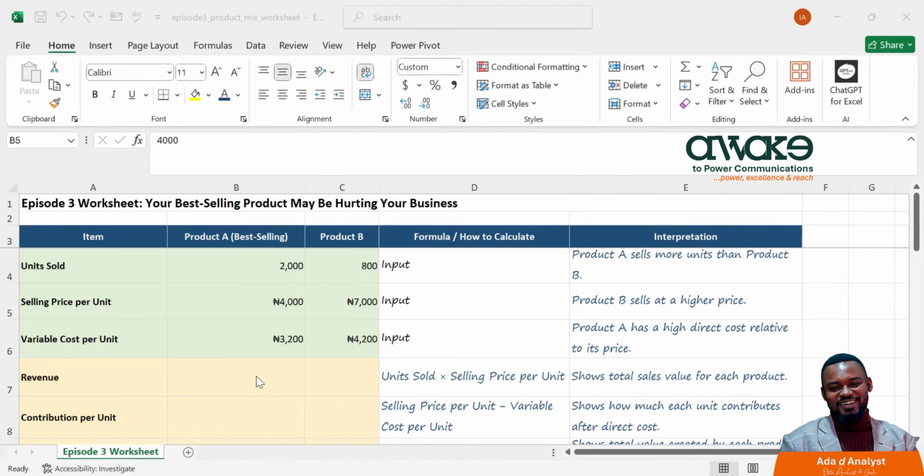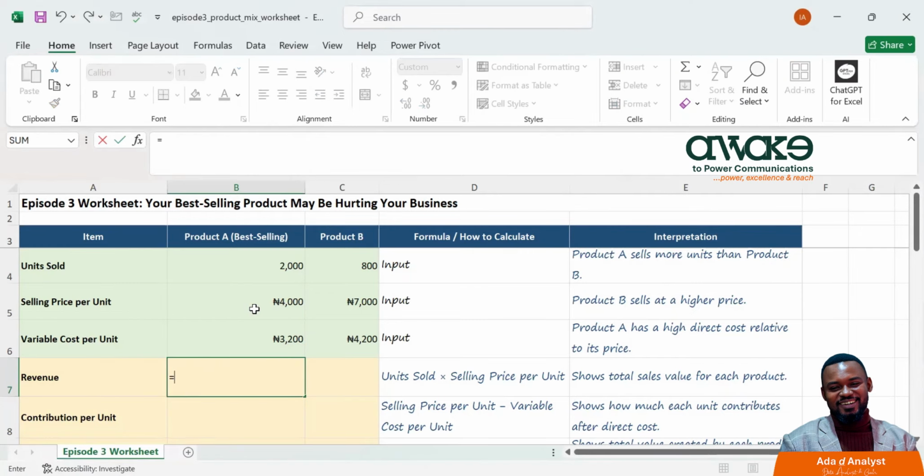So let's look at this. First, we want to calculate revenue. Revenue will be our selling price per unit multiplied by units sold, or the other way around, units sold multiplied by selling price per unit. So we will say equals units sold multiplied by selling price per unit. That will give us the revenue. The revenue for the best selling product is 8 million.